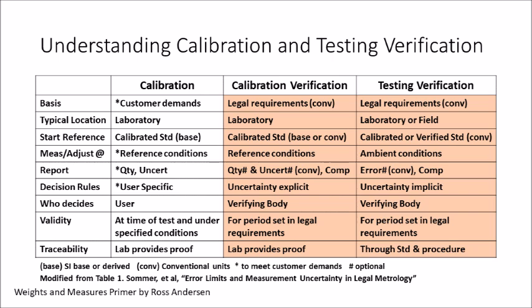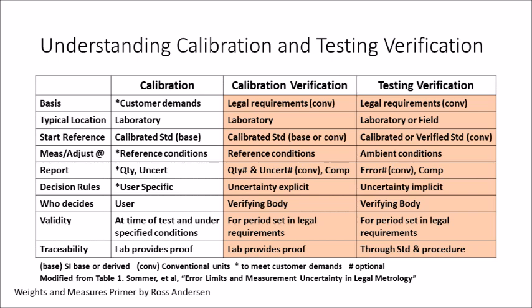You may have the quantity and uncertainty in the raw data, in the lab data, and not necessarily on the report. The same thing with errors in testing verification. You don't necessarily have to report what the errors were, you simply have to report the compliance. The decision rules, as I discussed, are explicit uncertainty in calibration, but implicit uncertainty in the testing.